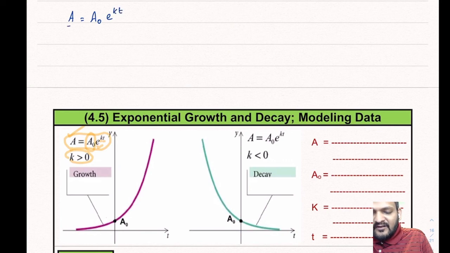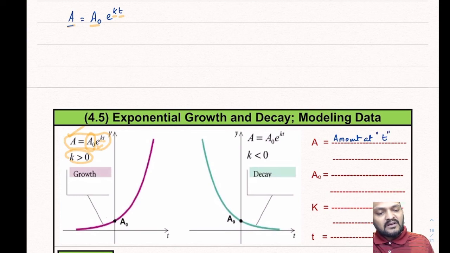So what are these various quantities? What is the A, the A sub 0, the k, and the t? A is the amount, whatever that is. If it's a population, it's the amount of population. If it's money, it's the amount of money, and so on. It's usually the amount at any time t.